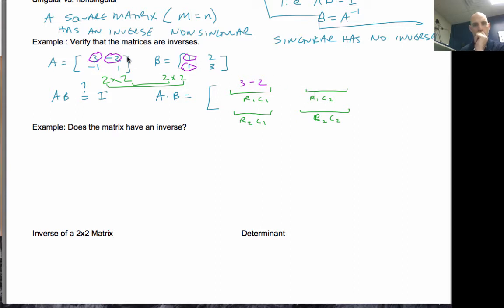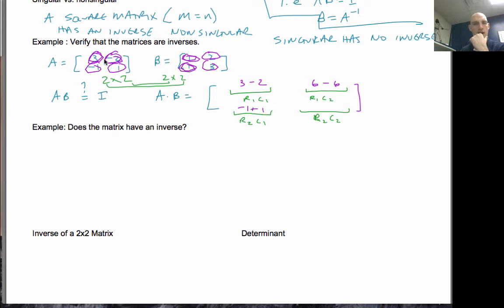And then row 1, column 2. So 3 times 2 is 6. Negative 2 times 3 is negative 6. Row 2, column 1, so that's negative 1, and then 1 times 1 would be plus 1.